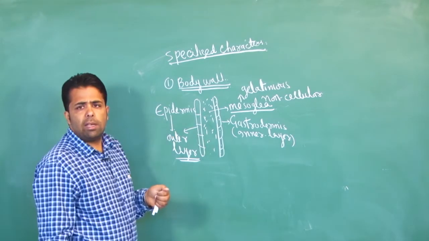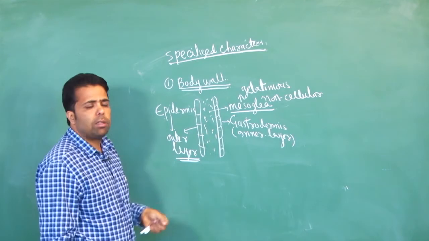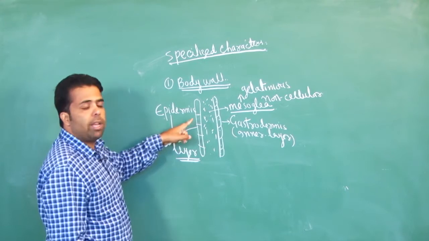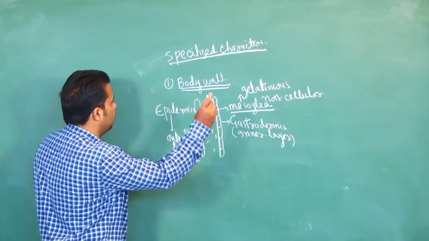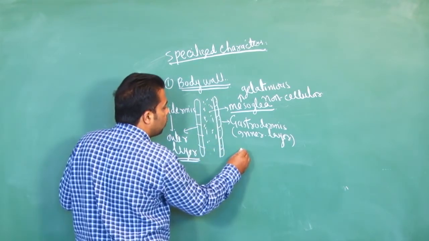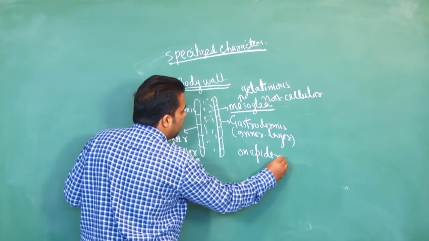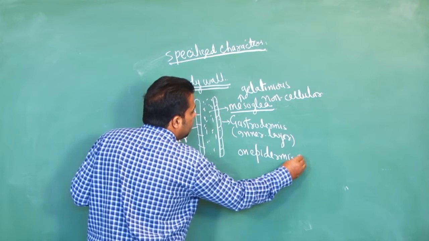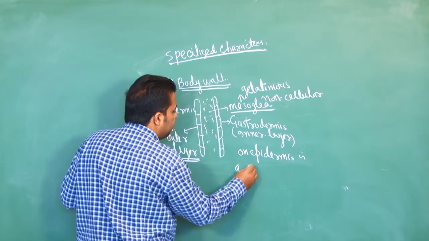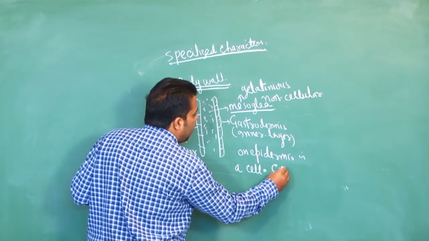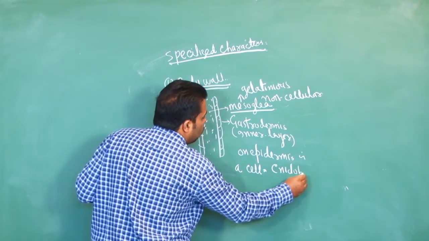There are so many cells present on the epidermis and gastrodermis, but I need to mention one here, and that's very, very important. That's called cnidoblast. On the epidermis, the outer layer, there is a cell, and that cell is called cnidoblast.